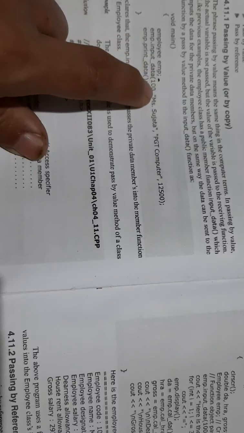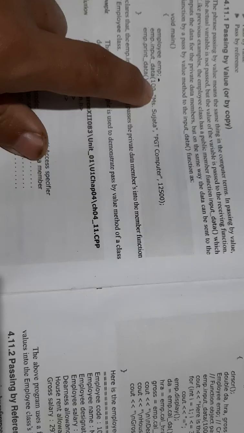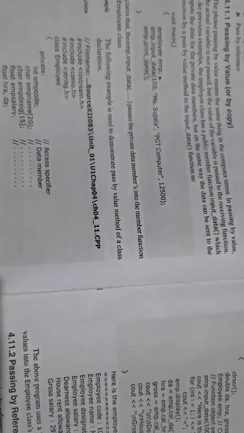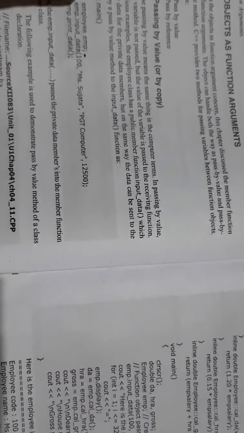That means passing the argument value using the member function of the object. So it was seen that through this pass by value method we could achieve this. Here in the main function, the object data was passed through the member function.